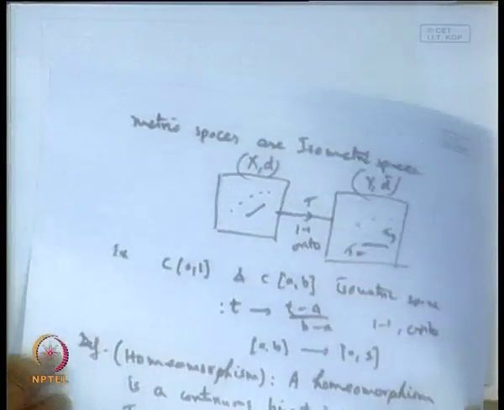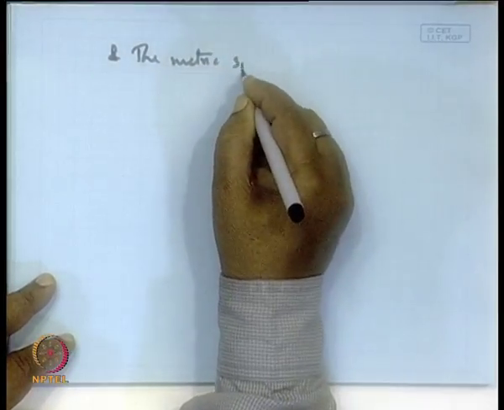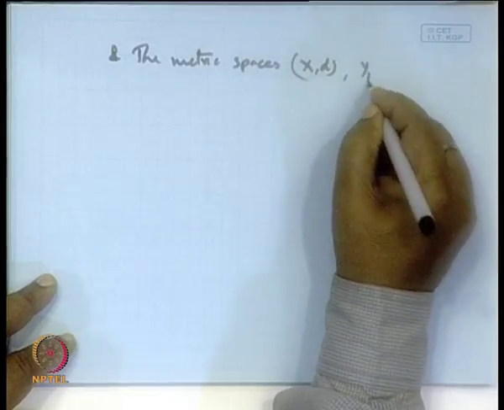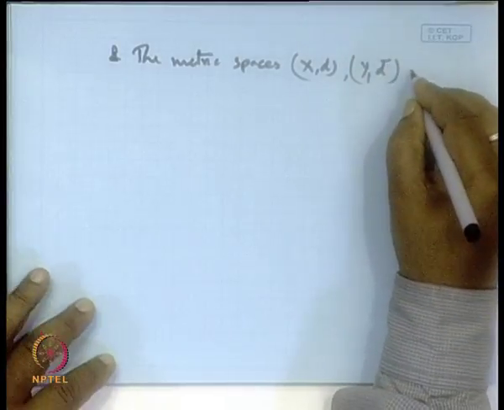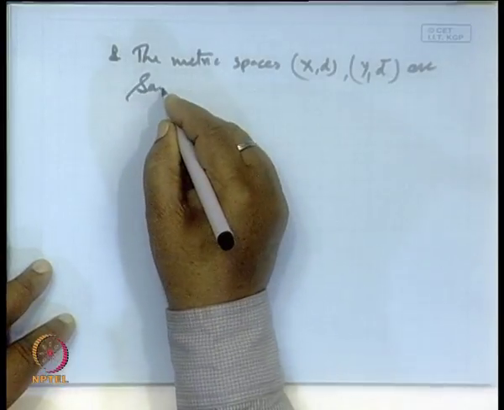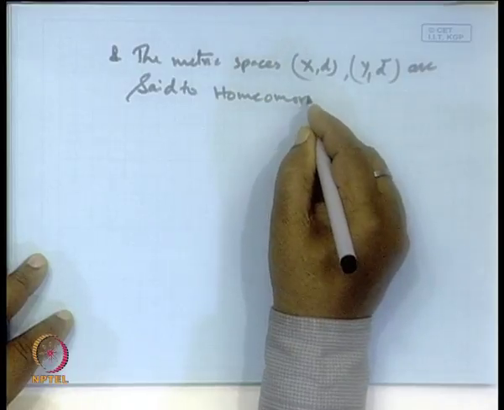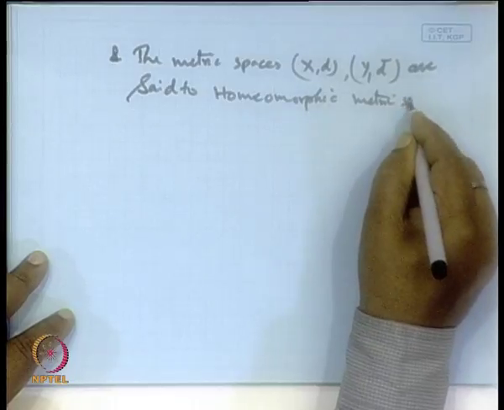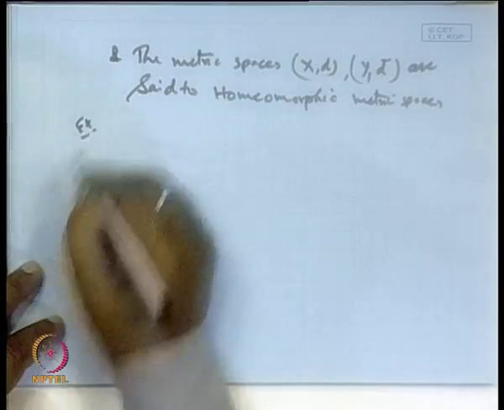And these two spaces are said to be homeomorphic spaces. The metric spaces (X, d) and (Y, d bar) are said to be homeomorphic metric spaces. Again here we give one example.